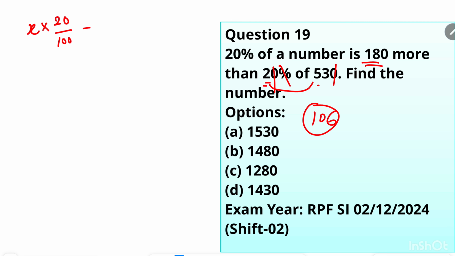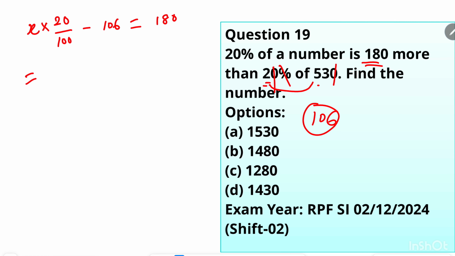So if I subtract this number 106, not 180, then it should give me 180, right? Because this is what the question is saying.